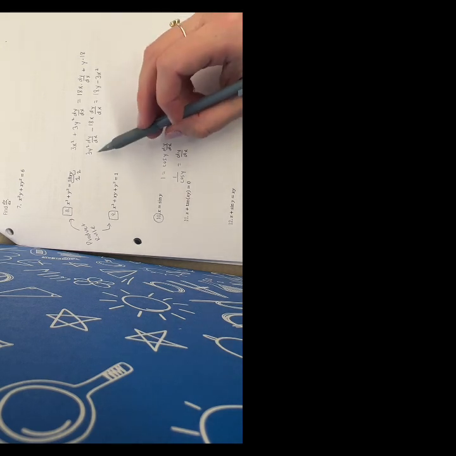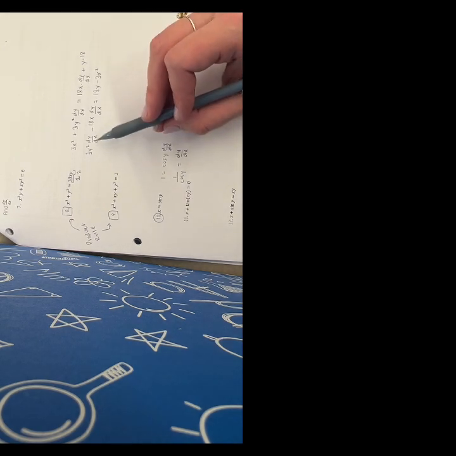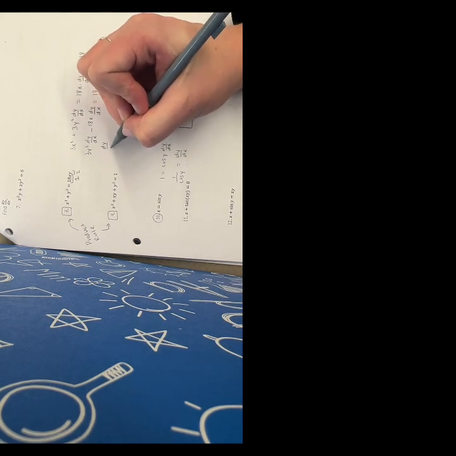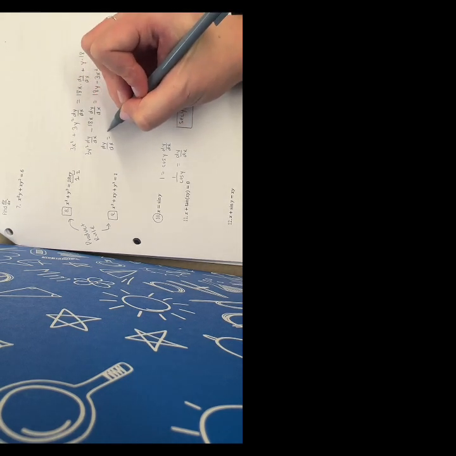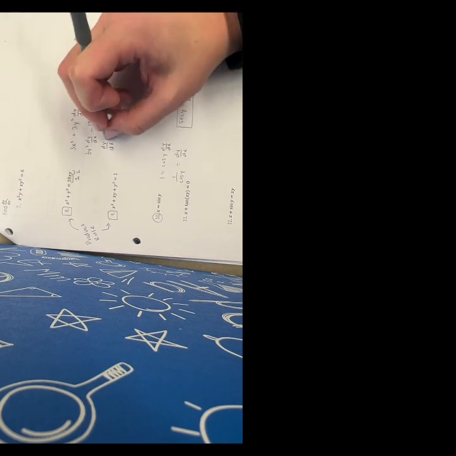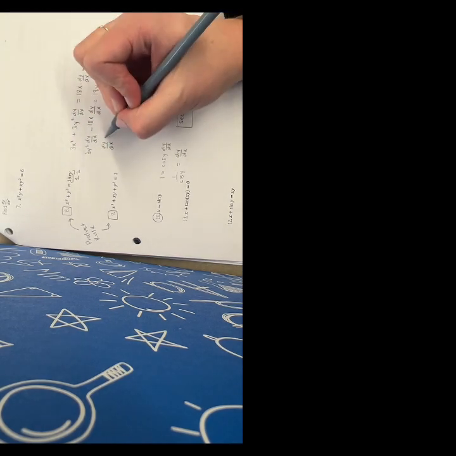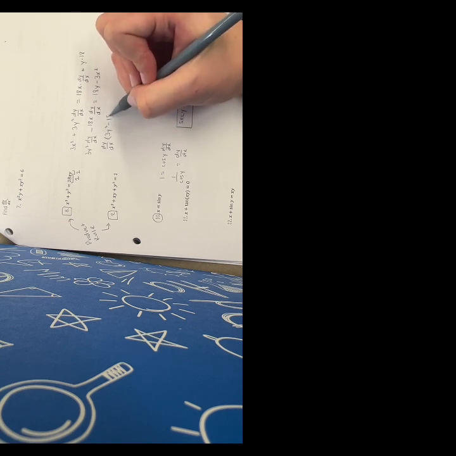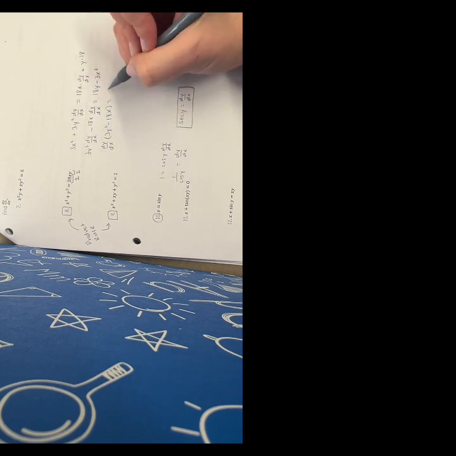So we'll have to get one of these factored out. We'll factor out a dy/dx. And that'll leave us with 3y squared minus 18x equals 18y minus 3x squared.